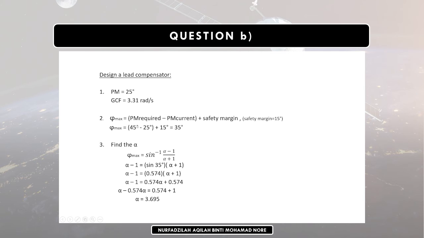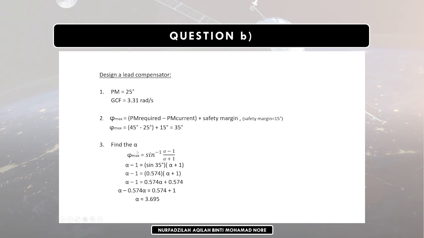So, 45 is the required phase margin minus 25, which is the current phase margin, and then plus 15, which is the safety margin. So, we get the phi max equal to 35. Then, find the value of alpha using this formula.